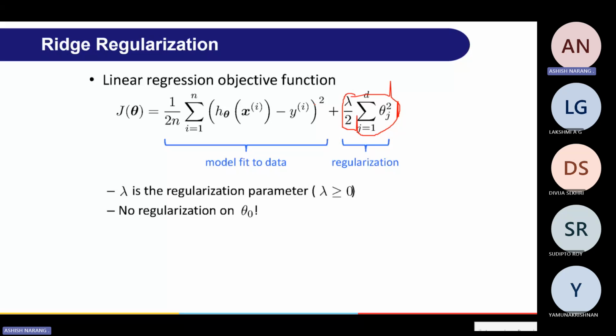Whatever weights come from this particular equation, for those squared weights I am going to add lambda by 2 times theta j square. So if there are very large weights, I basically want to punish them.